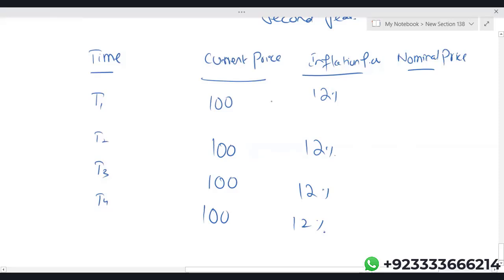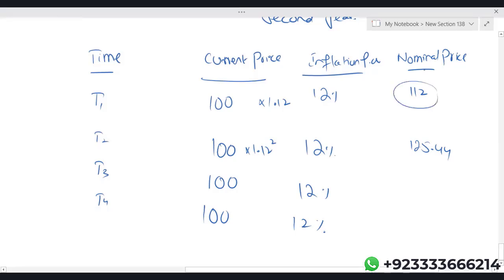Obviously, if you just multiply this with 1.12, I'll get 112. Then here it will be 1.12 power 2. So 100 multiplied by 1.12 power 2, I'm getting 125.44. Now this 125.44 can be calculated directly as well.